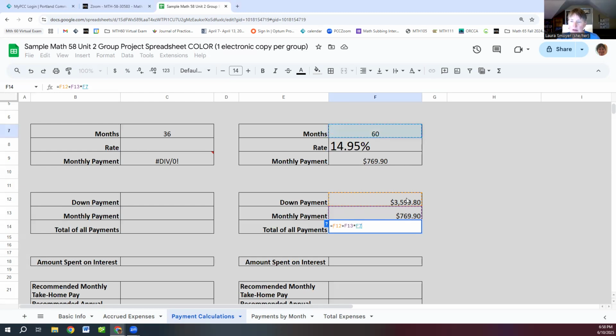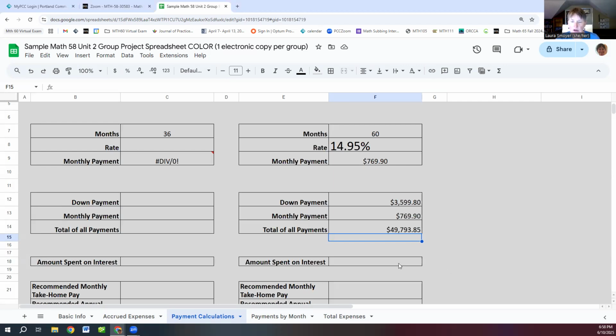So the down payment plus the monthly payment times the length of the loan. If I press enter, it will show me that when I'm all said and done, I will have paid $49,793.85 for the car.